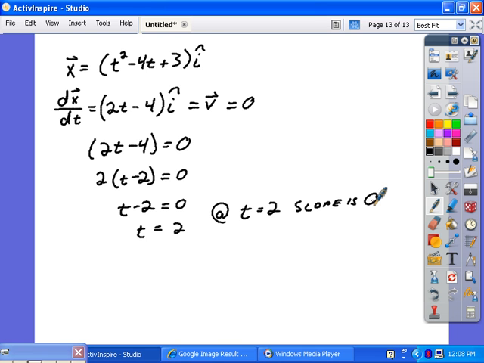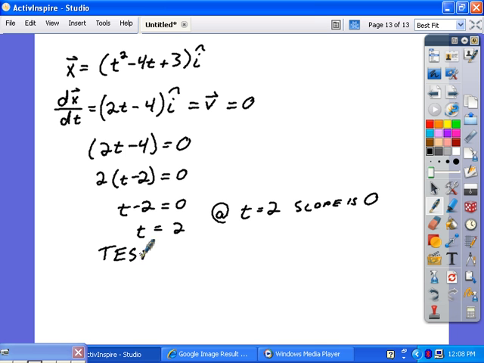So that means that t equals 2 is either a relative maxima or a relative minima. Actually, it's going to be an absolute maxima or minima because there's nothing else that's going to be higher or lower than it. But we'll get into that in a moment. Okay, so t equals 2, slope is 0. Now, to determine what the slope is leading up to this point, I need to pick test points.